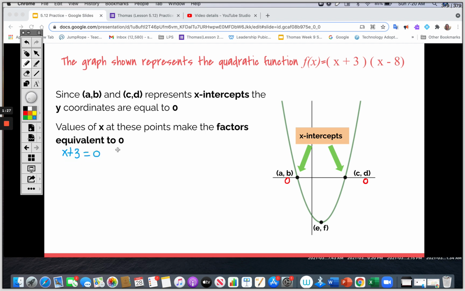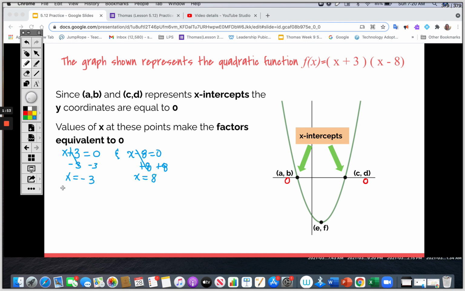And we take the other factor, x minus 8, and set that equal to 0. And we want to solve for x. What x value makes it 0? We would subtract 3 from both sides, so x is equal to negative 3. And in this case, we would add 8 to both sides, so x is equal to 8.